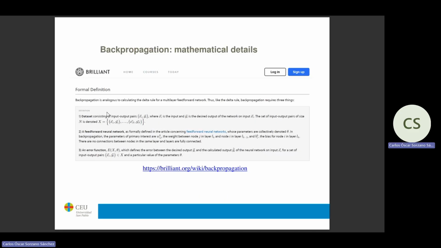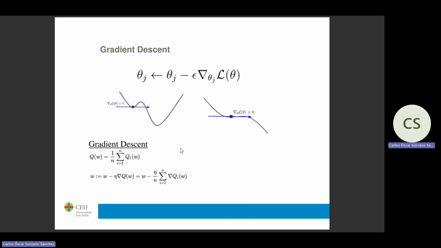Okay, so if you want a more detailed explanation of the backpropagation in a mathematical way, here is a very good explanation. And then let's try to do that tracking of the weights and the updates manually. Before doing that, just a note.